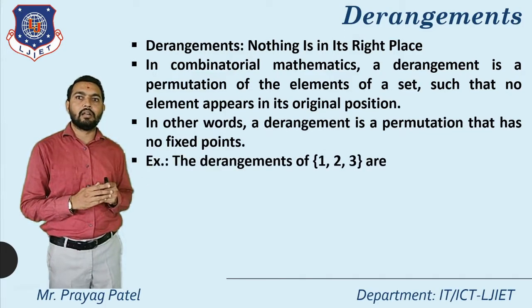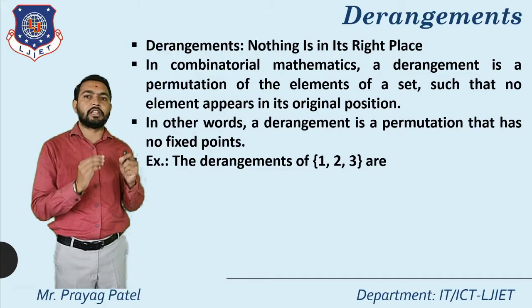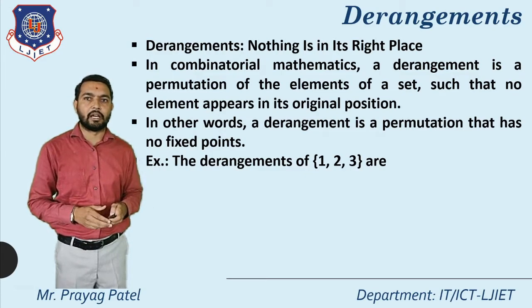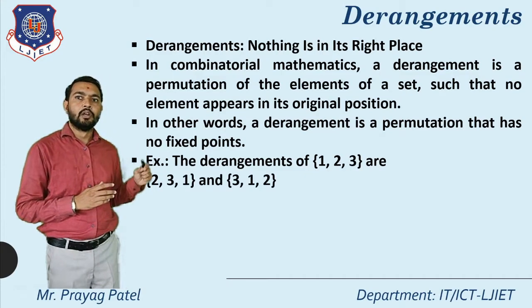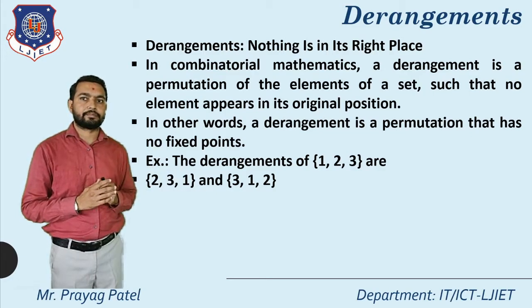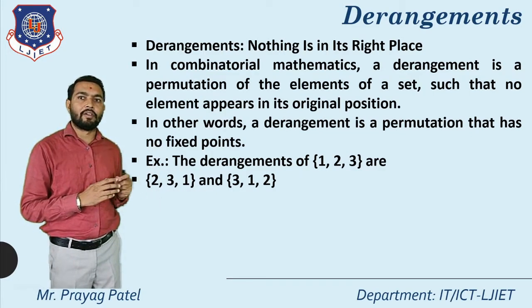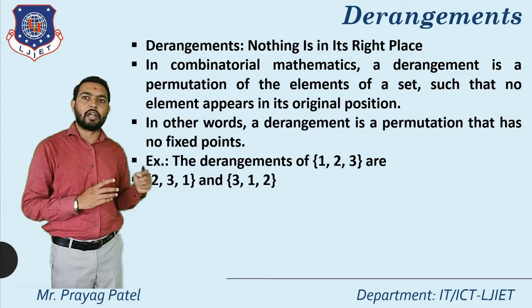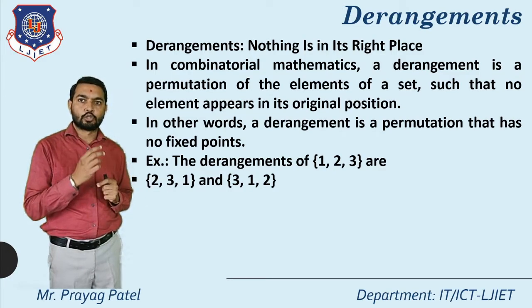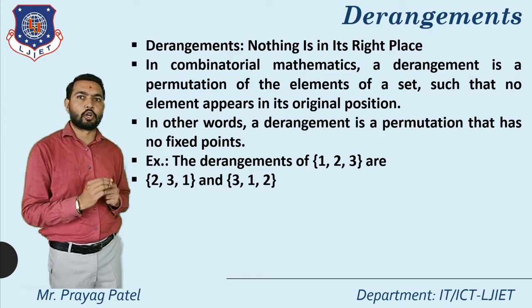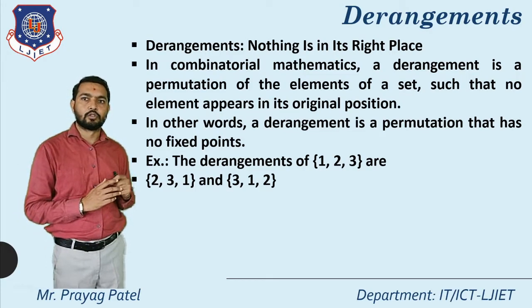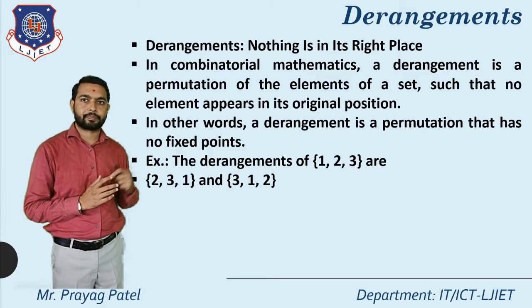For example, a derangement of the three numbers 1, 2 and 3 is 2, 3, 1. Here 2 is at the first position, 3 at the second position and 1 at the third position. So none of 1, 2 and 3 occupies its original place. So it is called a derangement.